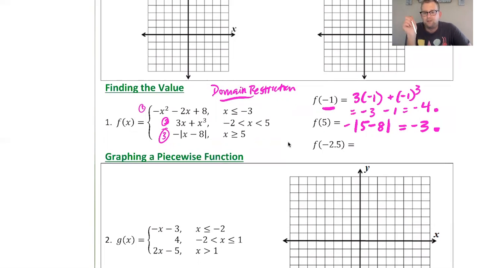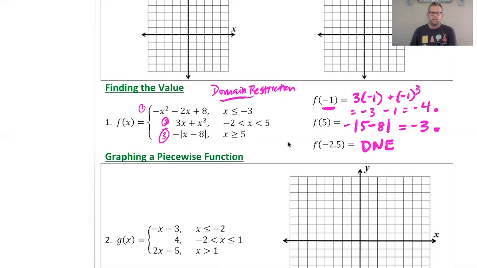The answer is no, because -2.5 is less than -2. So it doesn't fit into that one either. And is -2.5 greater than or equal to 5? The answer is also no. So as a matter of fact, -2.5 is not in the domain of this function. Therefore, we would say that f of -2.5 does not exist, or DNE. And you're going to see DNE a lot in calculus.